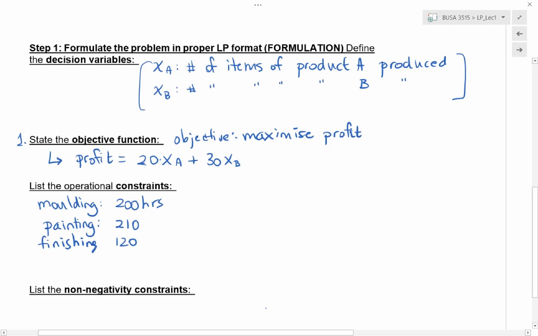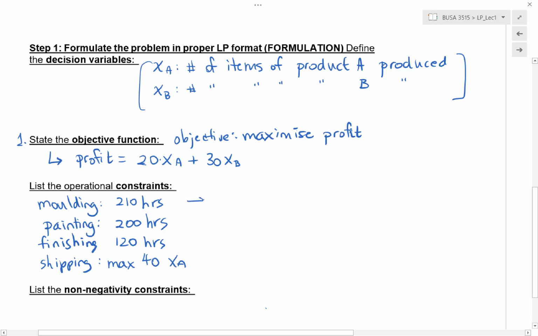And forgive me, I just did these backwards. Sorry, molding is 210, painting is 200. And then we have one more constraint, shipping. We have a max of 40 of XA that we can ship.